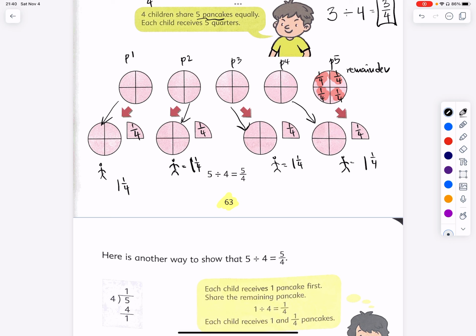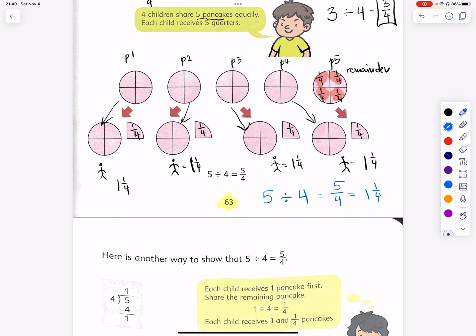And writing using the language of mathematics, I can say 5 pancakes were split among 4 children. And what did we get? We can write it as 5 quarters, right? Each person got 5 quarters, which is equivalent to 1 and 1 quarter.